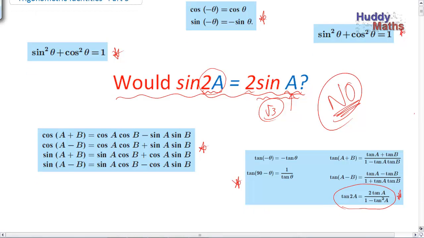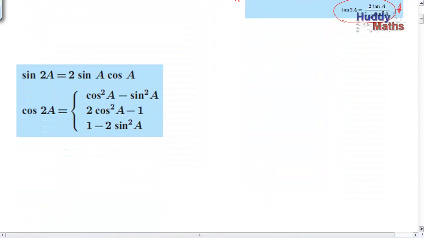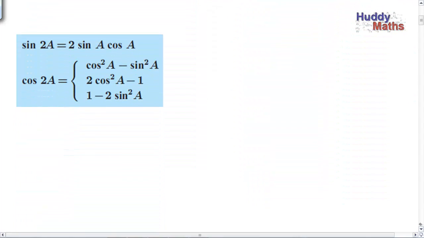Okay, so let's see if you can derive it for yourself. Here it is here. I'm going to challenge you to try to derive this relationship. The sine of a double angle is 2 times sine of the angle, cos of the angle. How did that come about? I'm going to give you a hint. I'm going to ask you to look at sine of 2a as the sine of a plus a.